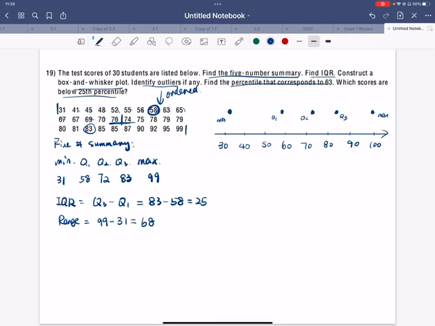For the box whisker plot, we draw a box from Q1 to Q3 that represents the middle 50% of the data. We have a vertical line through Q2 that represents the median, and then we connect from the first to the last dot. That's our box whisker plot.